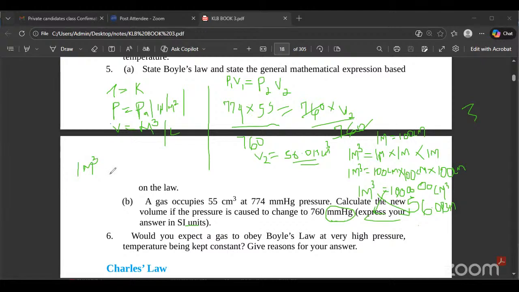So 1 meter cube, and then you multiply by 56. But this question is normally very good. I love it. And then you put centimeters cube. The reason I'm writing is so that you see what will happen. We cancel out. So that you don't get confused when you're writing your answer.